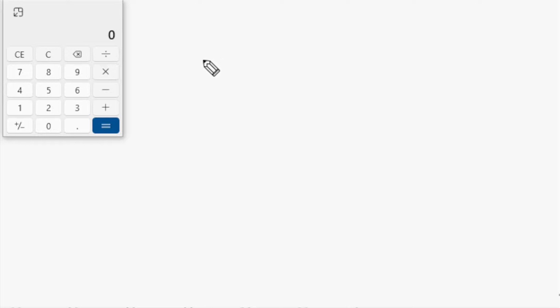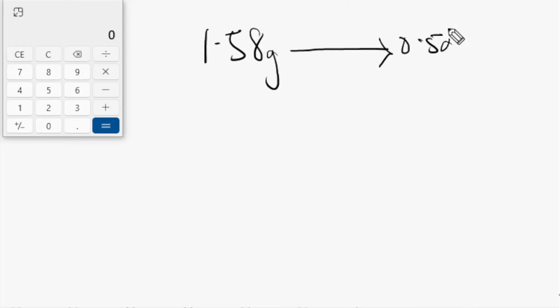But guys, here we have 1.58 grams of this substance at standard temperature and pressure to have a volume of 500 cm cube, and 500 cm cube is the same as 0.5 dm cube, as we already know. So guys, our major concern here now will be what's the mass that will give us 22.4 dm cube, which is the molar volume.